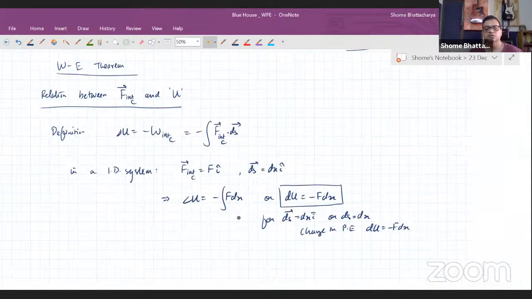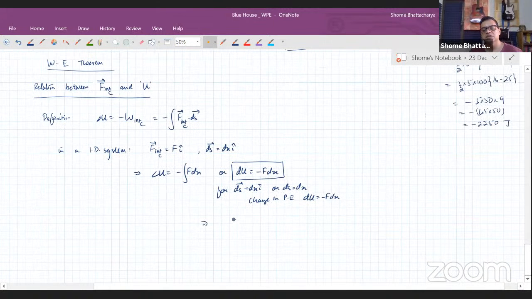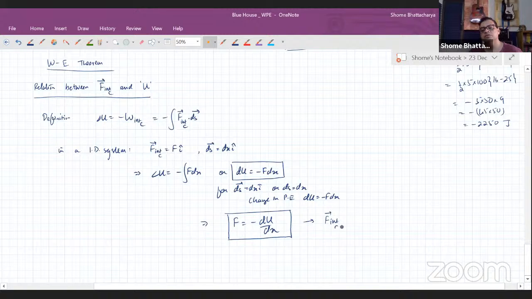So now the inverse of this we can say is that the internal conservative force is minus dU by dx. So this is the internal conservative force in terms of the potential energy in a 1D system along the x-axis.